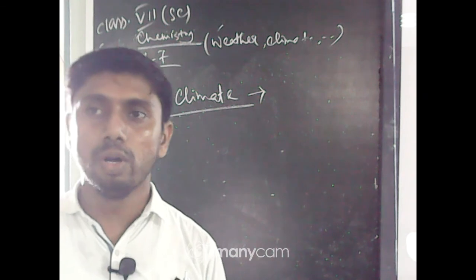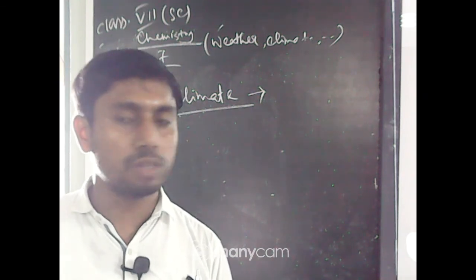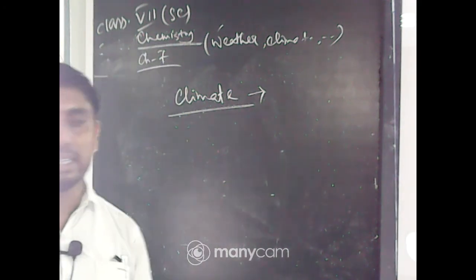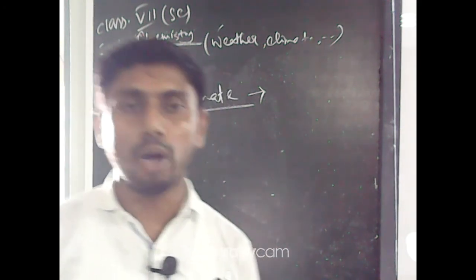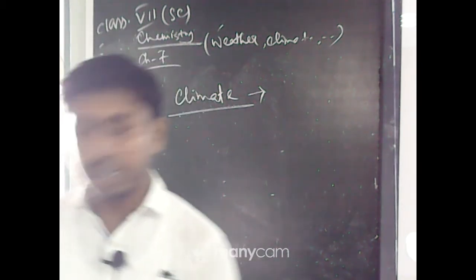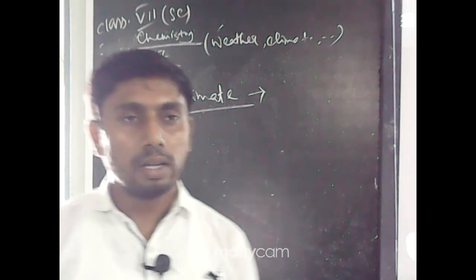So, when rainfall is there and the temperature is high, it is called wet and hot, and when rainfall is less in the desert region and temperature is high, it is called hot and dry atmosphere.